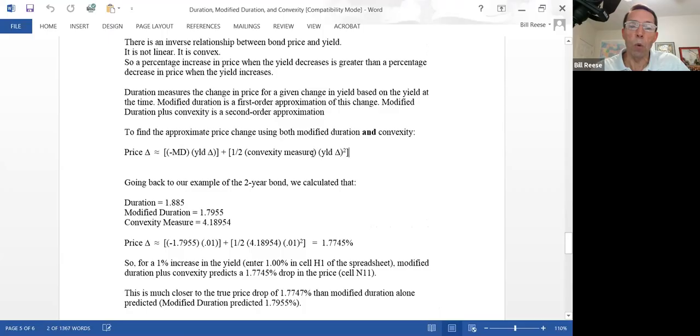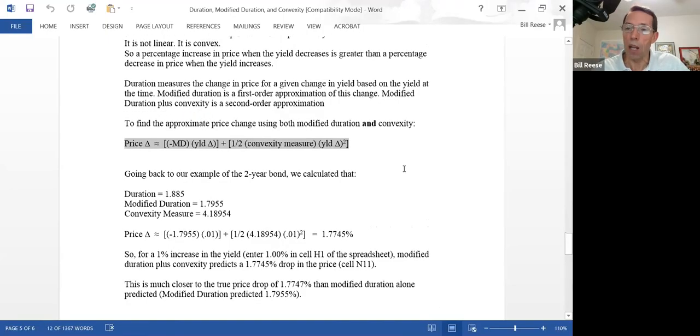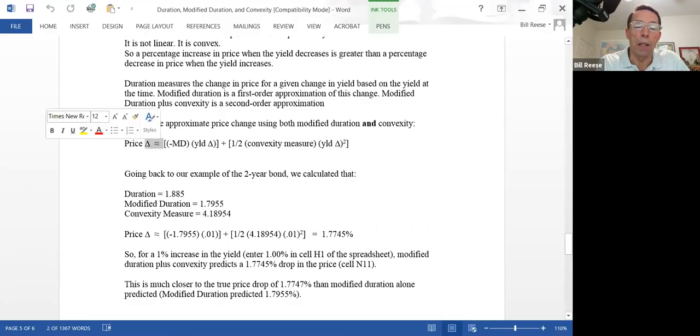This formula right here is going to find the approximate price change of the bond using both modified duration and convexity. So the price change in the bond, and this symbol right there means approximately equal to, is going to be the modified duration times the change in interest rates, or the change in the yield.